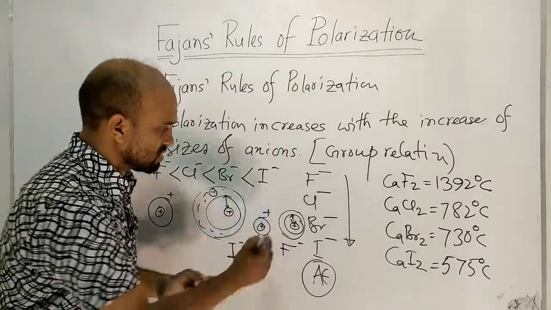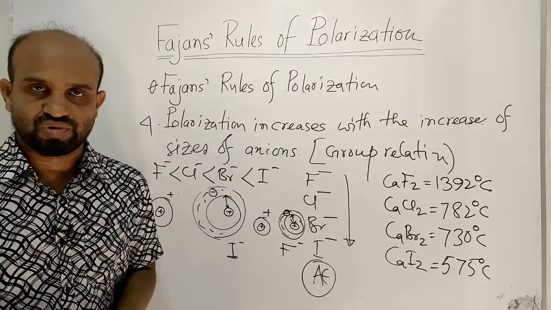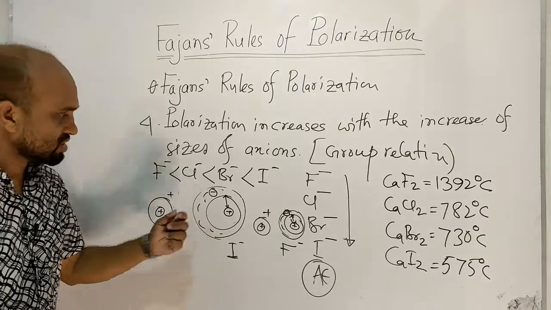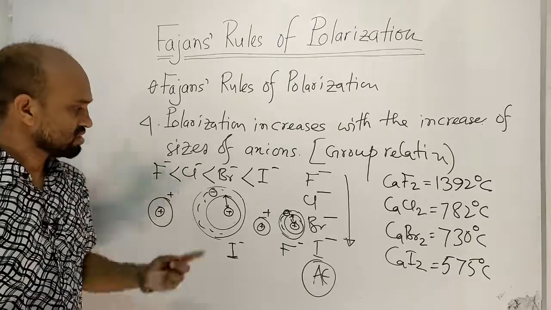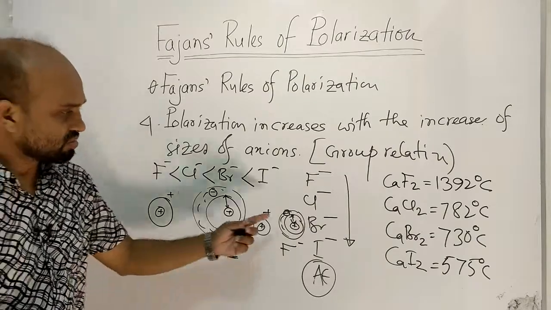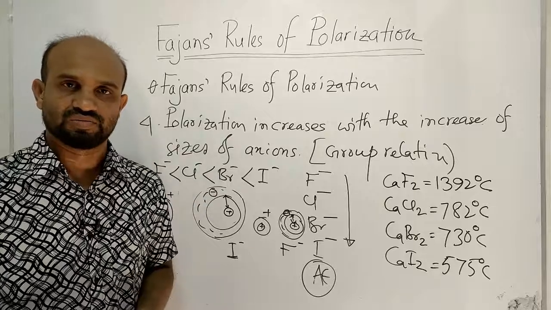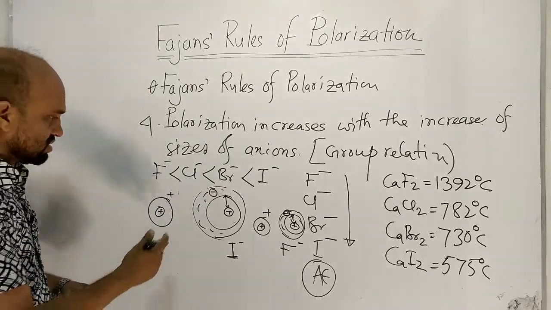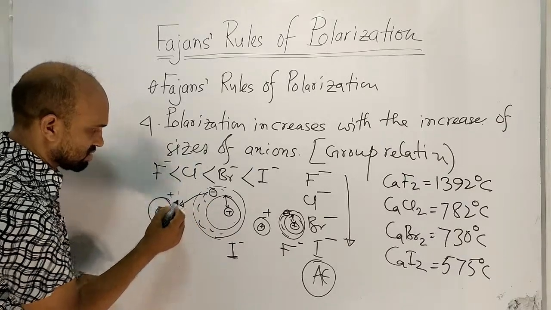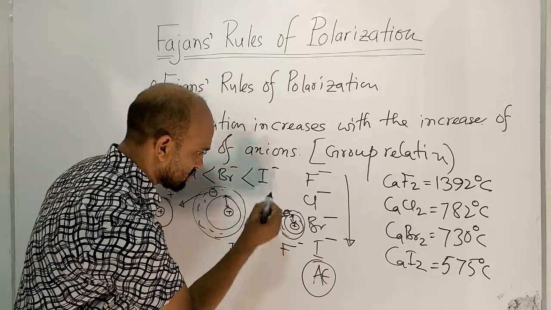But here this electron cloud is bonded to the nucleus with excess force because of its shorter distance. This electron cloud is loosely bonded to the nucleus, but here the electron cloud is strongly bonded to the nucleus. As a result, here displacement occurs higher, but here displacement occurs lower.